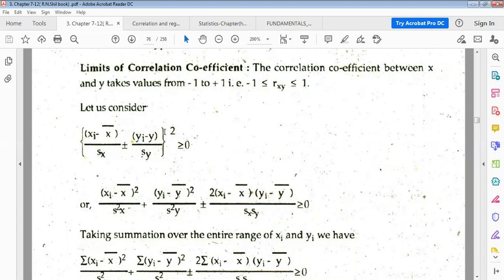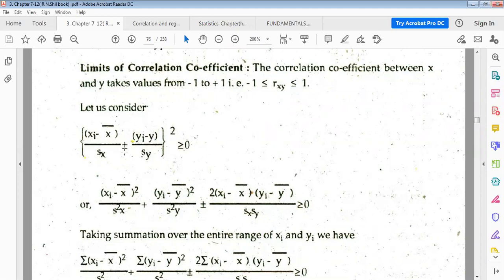We must know from our early age, everybody knows, that the square of any number, whether negative or positive, will be positive. So we can write that this square is non-negative, maybe 0. This is the square term, which is why it must be non-negative.